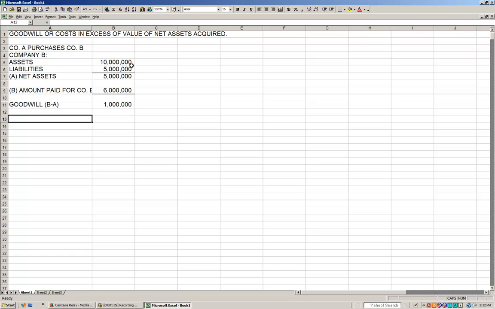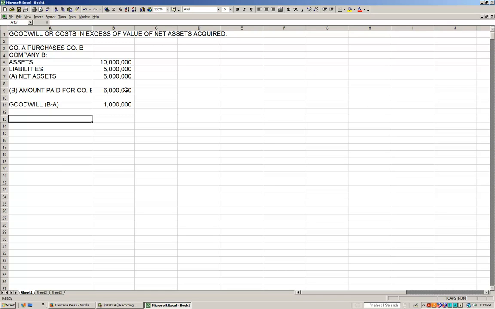And in purchase accounting, when you buy another company, all assets and liabilities are marked to market, so we can assume that these represent the market value of the company's assets and liabilities. So the company has assets and liabilities that are worth a net of $5 million.